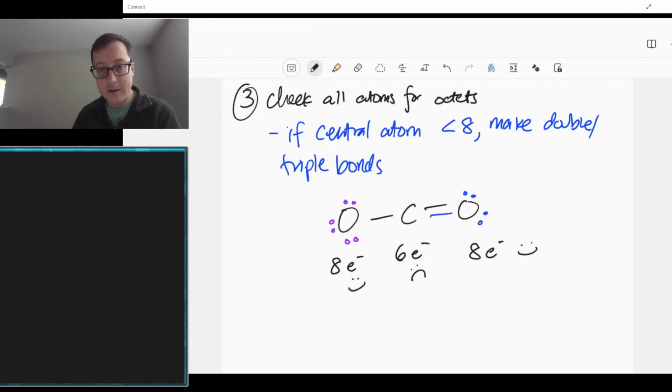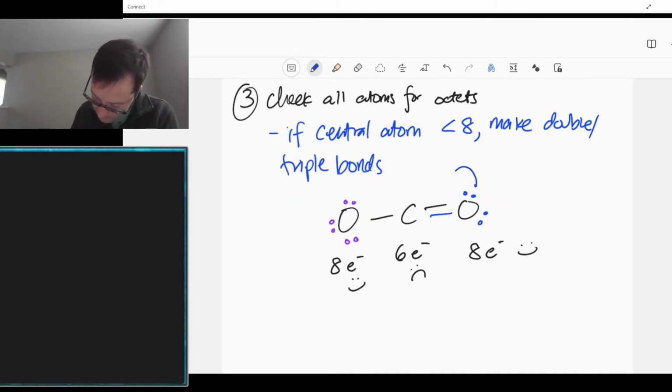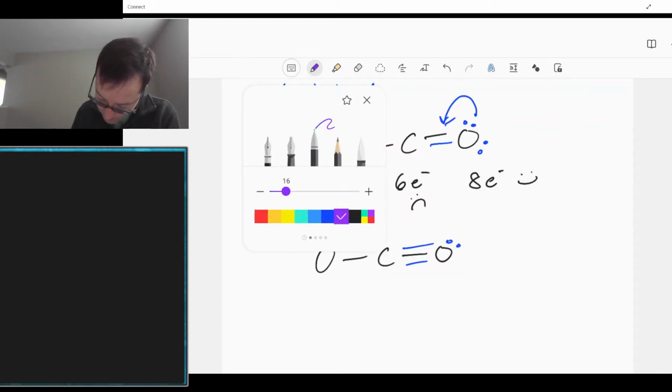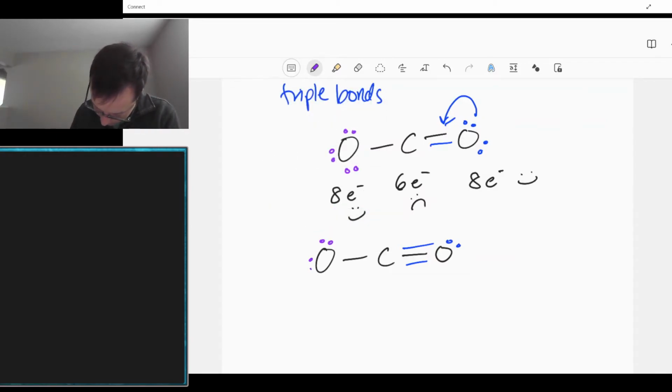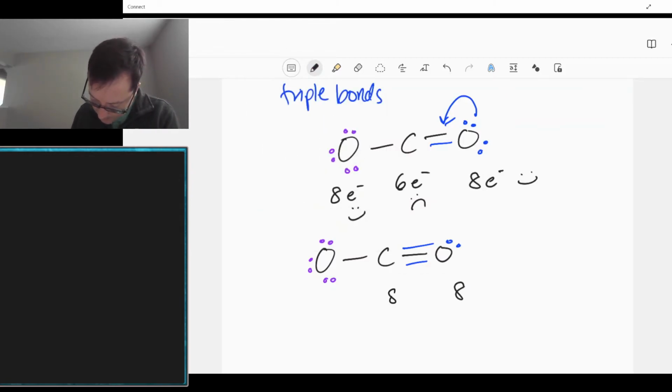We could either make a double bond on the other side, or we could make a triple bond. Let's make a triple bond, because why not? I feel like it. And so if we make a triple bond, and now we check, we see everything has 8.